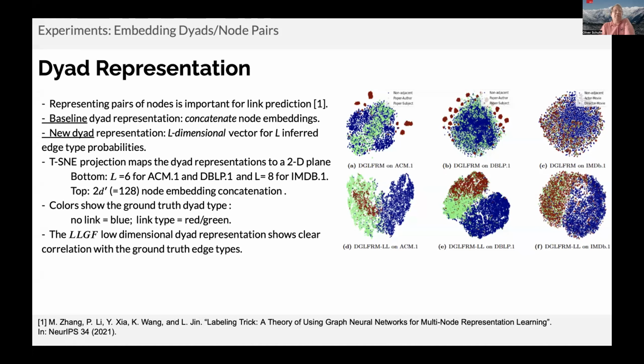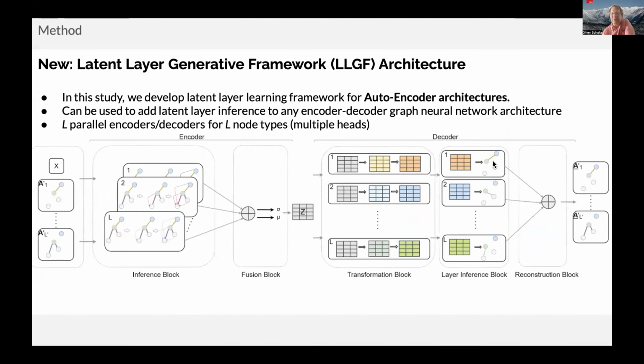So our latent layer inference approach actually gives us a novel way to represent pairs of nodes. And the idea is, suppose that we have our latent edge types, like let's say 3. Let me go back to this diagram. So now our decoder will give us, for every pair of nodes, for each of these 3 latent edge types, a probability, the probability that these 2 nodes are related by this latent edge type.